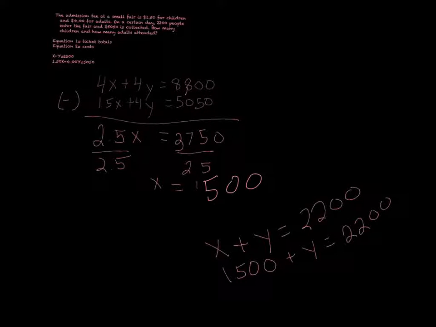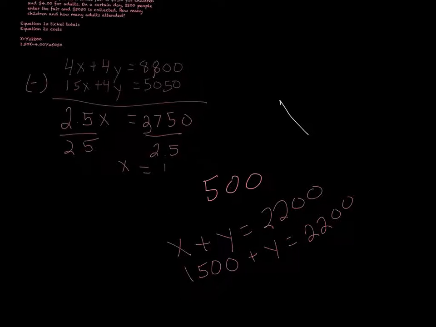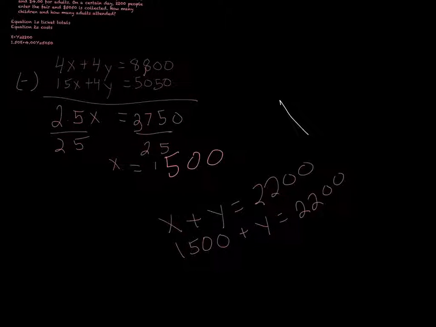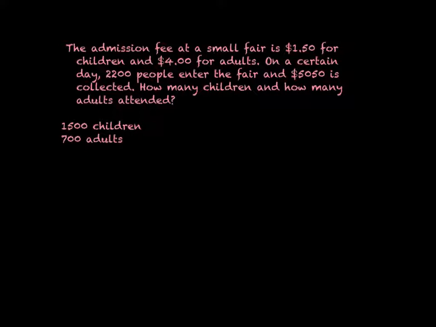If we plug in 1,500 for our x value, we can then solve for y, and if we subtract 1,500 from both sides, we are left with y equals 700. So our answer becomes 1,500 children tickets and 700 adult tickets.